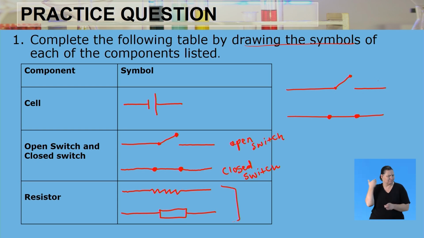So either of these two is showing the resistor. You'll find that in some sources, your resistor is drawn like the first one, or in other sources, your resistor is drawn like the second one. You need to know that either one of those is correct. And if you find the second image when drawing the resistor, you are not wrong. It's also totally acceptable. It's also correct.